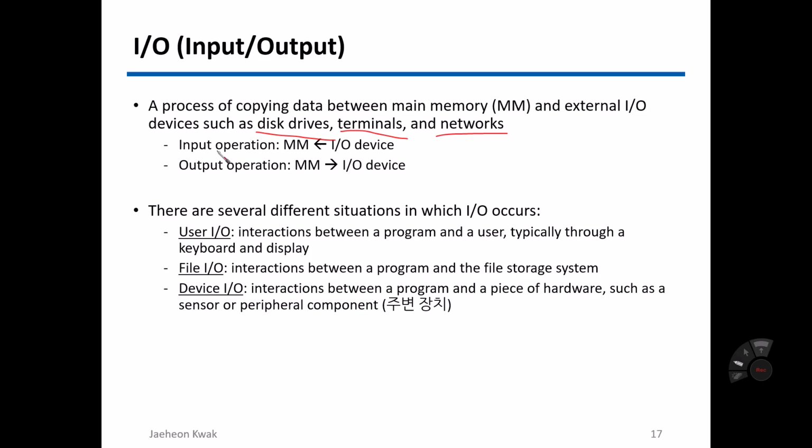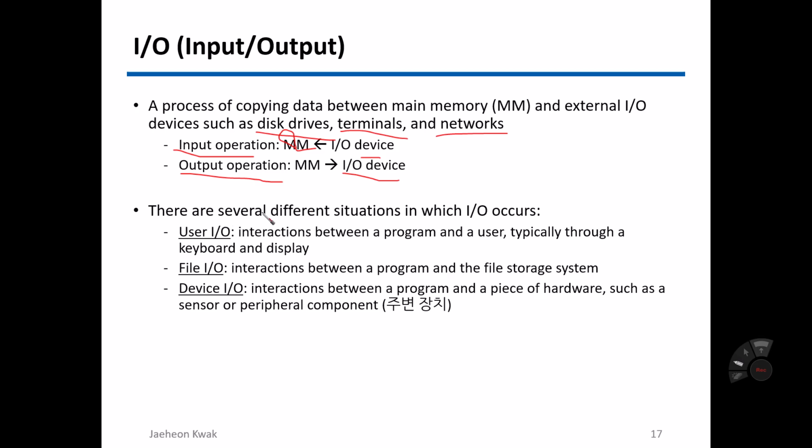In this I/O subsystem, we will focus on main memory. Input operation means copying or moving data from I/O devices, and output operation means moving data from main memory to the I/O device.